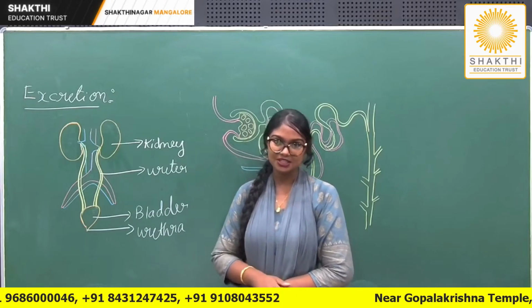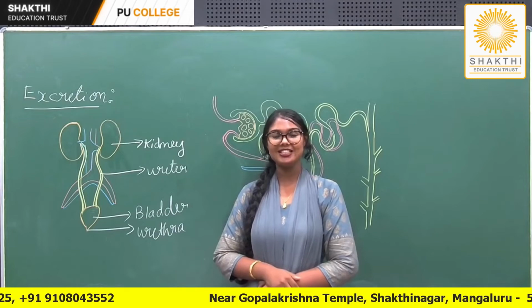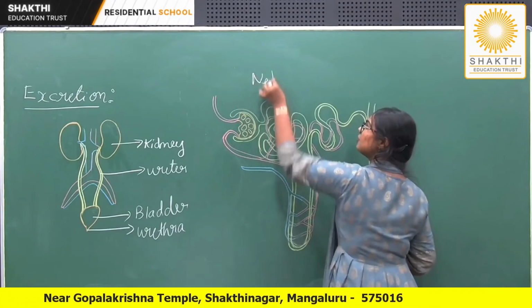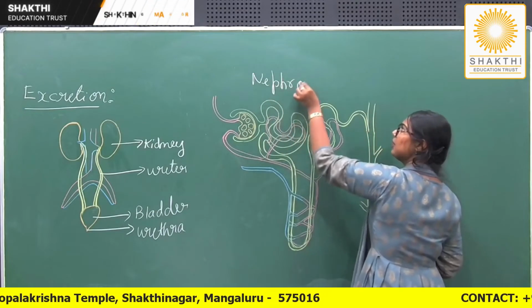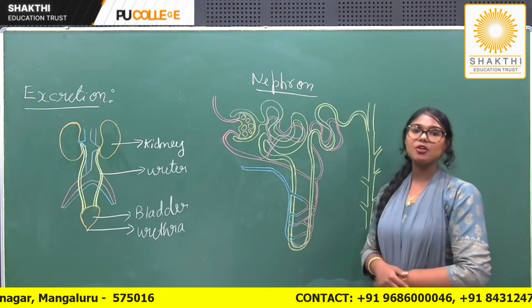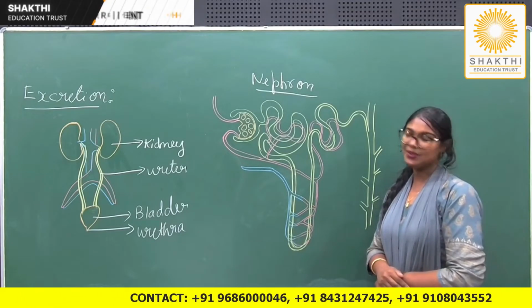Very important. The structural and functional unit of kidney is nephron. Very important, students. We are now going to discuss the functioning of nephron. Nephrons are the structural and functional unit of kidney.